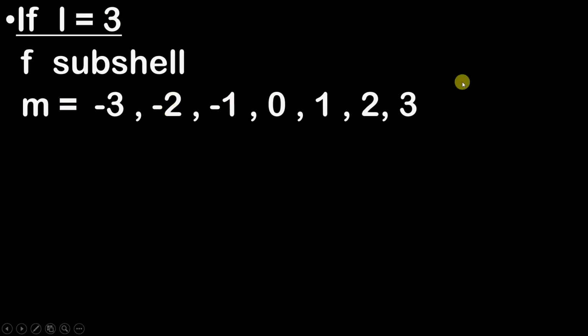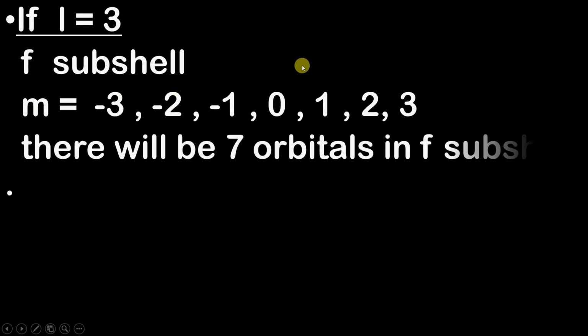Okay. Now since there are 7 different values of m, therefore it is obvious that f subshell is going to have 7 orbitals. And these 7 orbitals you don't need to worry about, because they are very complicated and they are not being asked in any of your examinations.